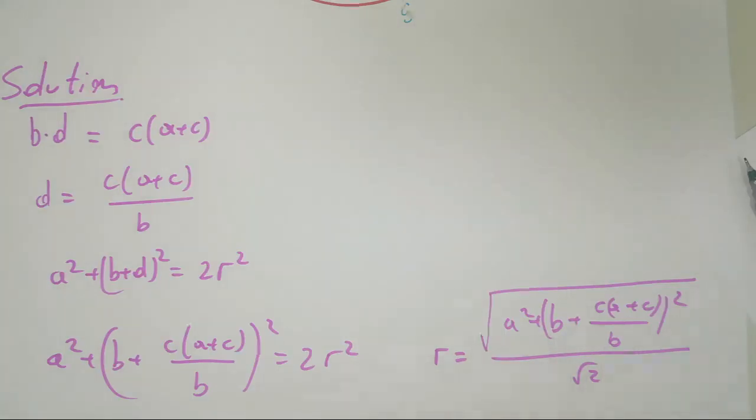Well, we know that every triangle constructed on top of the diameter is a right angle triangle, and ABE is a right angle triangle. It's given that AB is perpendicular to BC.